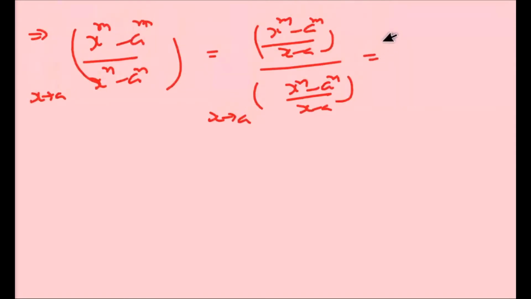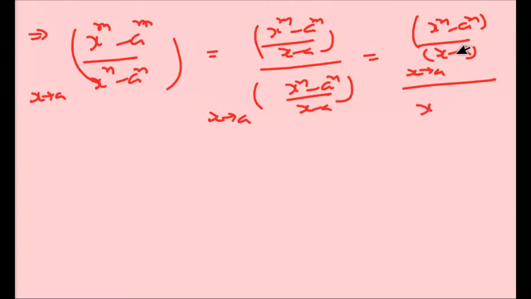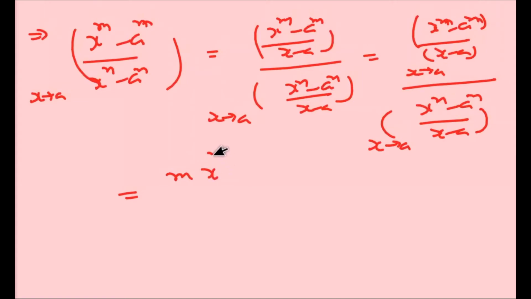So now using the limit theorem, we can say (x to the power m minus a to the power m) upon (x minus a), x tends towards a, upon (x to the power n minus a to the power n) upon (x minus a). And using the previous formula, we can write it m times a to the power m minus 1 divided by n times a to the power n minus 1.